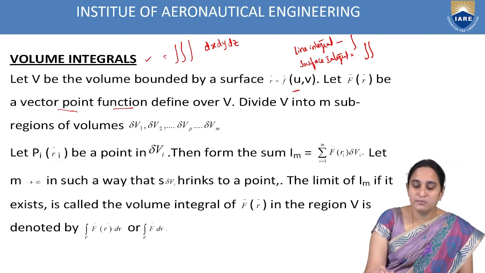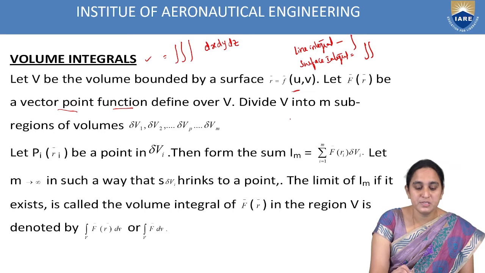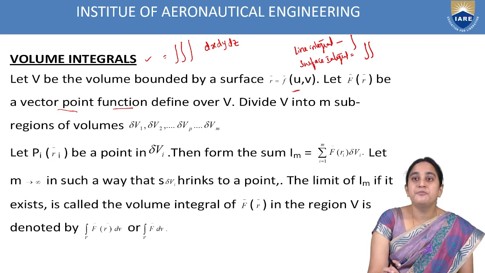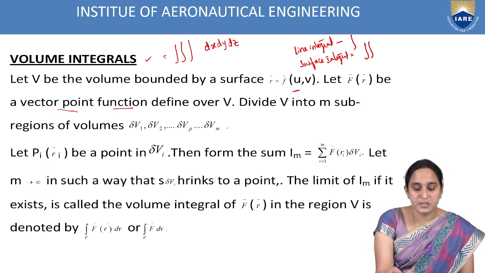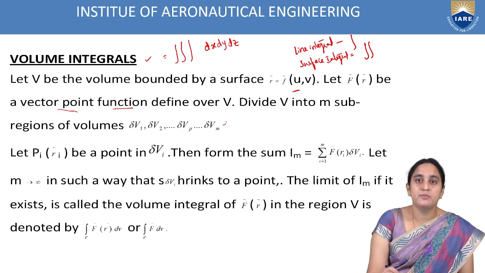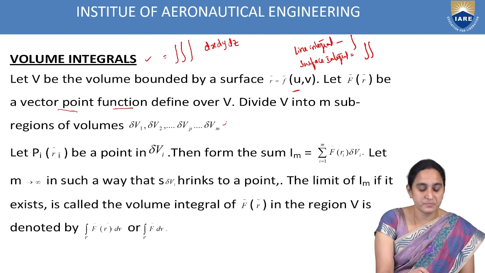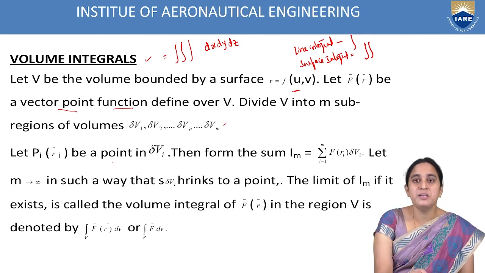Here divide V into m sub-regions of volumes delta V1, delta V2, and so on up to delta Vm. In each sub-region we have to take one point. Let Pi, with position vector Ri, be a point in delta Vi.